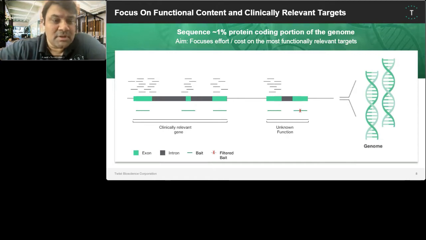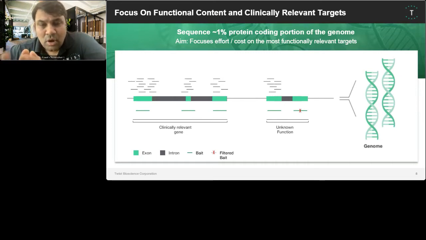For example, if a particular region in a critically relevant gene is not covered because of off-target effects, we try to cover that rather than covering a protein gene with unknown function. We try to cover all the relevant regions that are essential in key genes. That's how we tried to make it a compact exome, but at the same time, its performance and its coverage is no less, or even better than any other content that is out there.